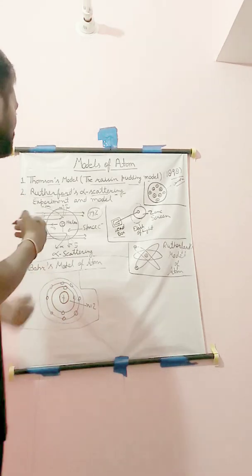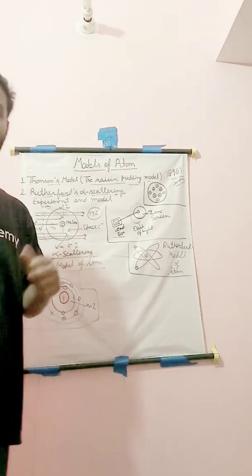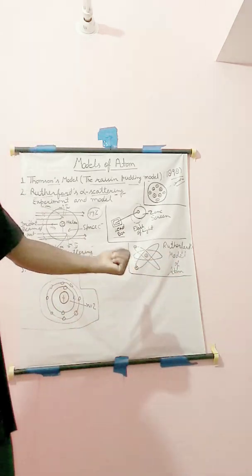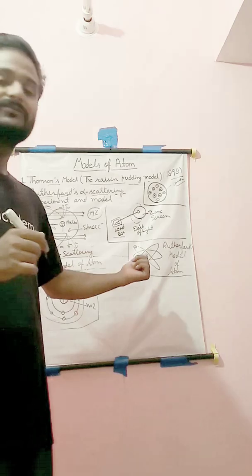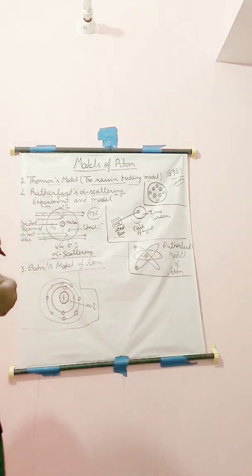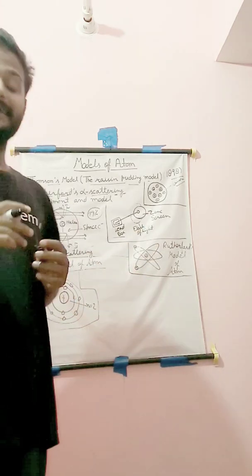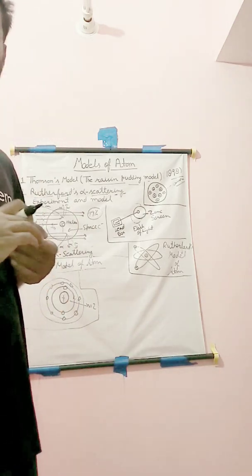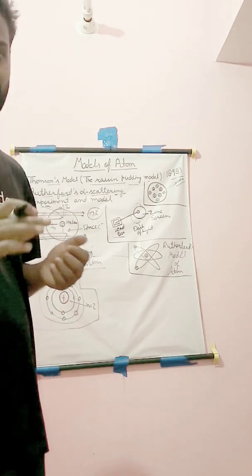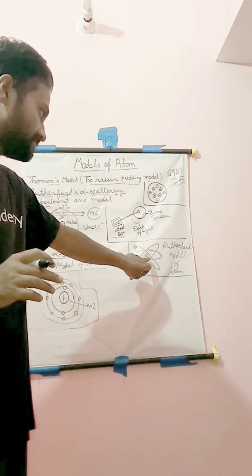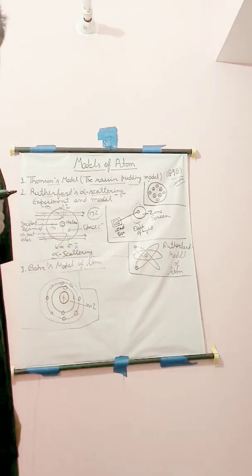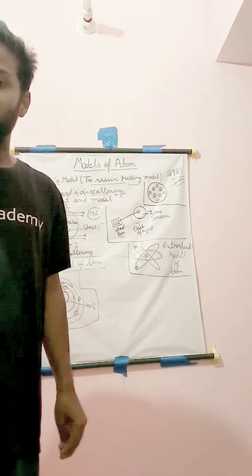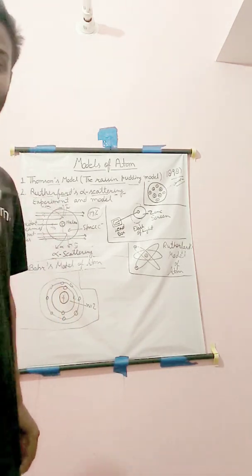So what he concluded after his experiment and gave in his model: this is Rutherford's model of the atom. First, the atom has a tiny dense central core, the nucleus, which contains practically the entire mass of the atom.